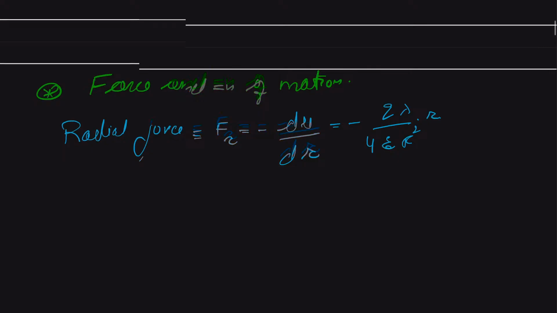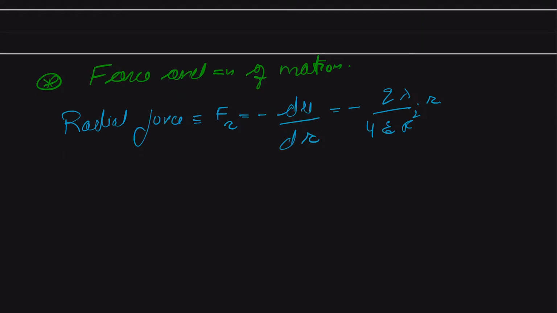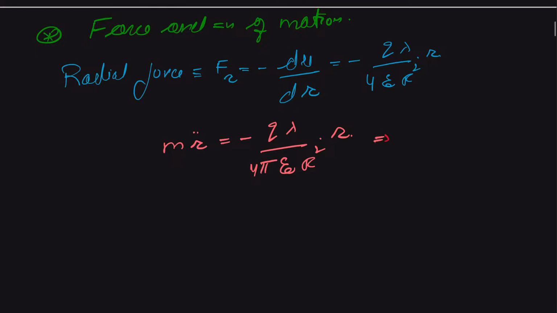And in terms of acceleration, we can write that this radial force is nothing but m r double derivative, which is equal to minus q lambda upon 4 pi epsilon naught capital R square times small r. And we can compare this with the standard equation, which is the double derivative of a displacement, not radius but the distance through which it is being moved, plus omega square r is equal to 0.